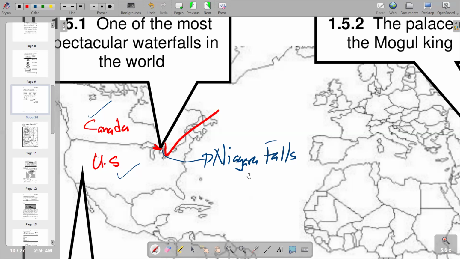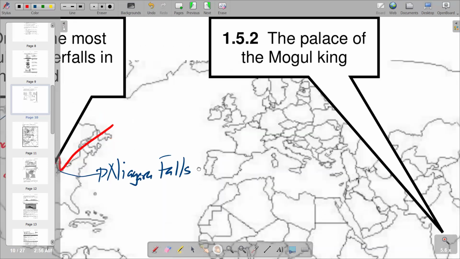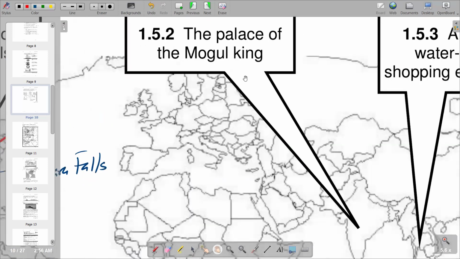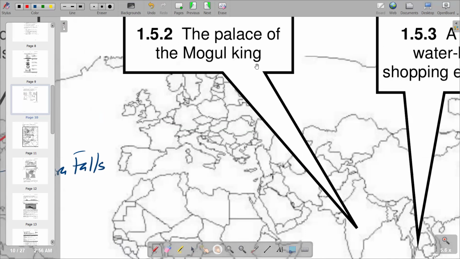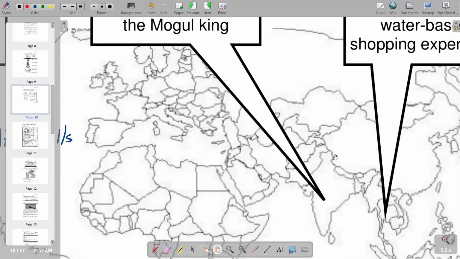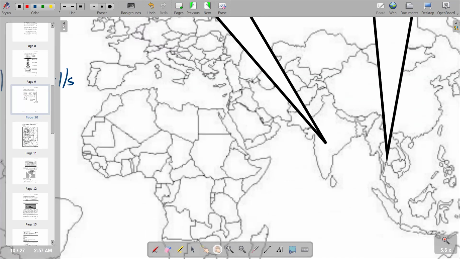So moving on to the next part, whereby we have 1.5.2, it's written the palace of the Mughal King. So we also need to find out where we have the arrow. So we have a country that we have here of the Mughal King, but we are going to see that the country being indicated here is India. So we can just indicate that this is India.